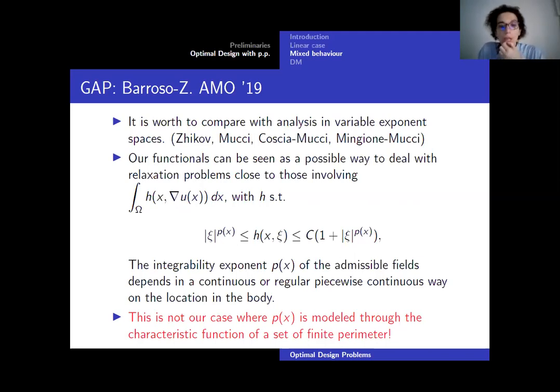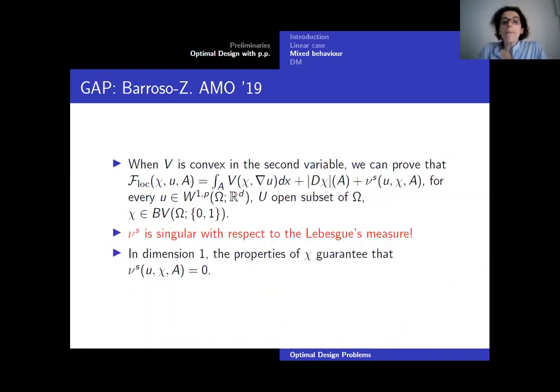And so the situation will be even more complicated if we allow chi to be a BV field, so essentially this exponent p(x) of the type I was showing before, not at all continuous. But we were able to say that under a convexity assumption, our functional F-log, at least F-log, admits a representation of this type: the bulk density we started with, the total variation of chi, and a singular measure.